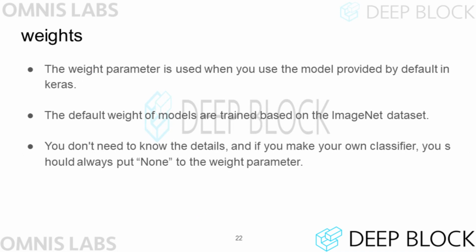The models provided by Keras applications are either trained or untrained based on the ImageNet dataset. This time, we will train a classifier that can classify 101 types of images using training data, so the default weight must be set to none.